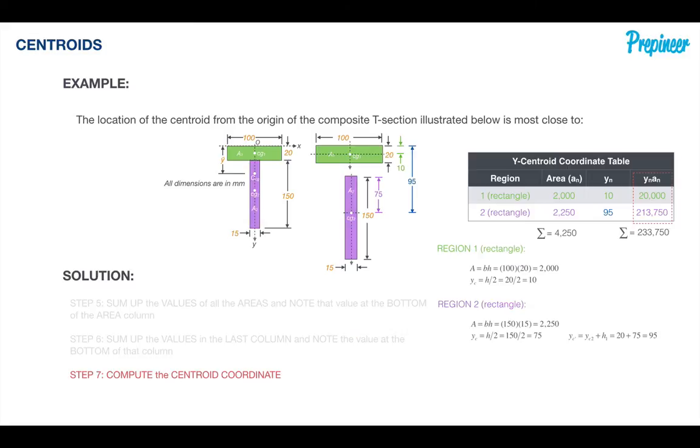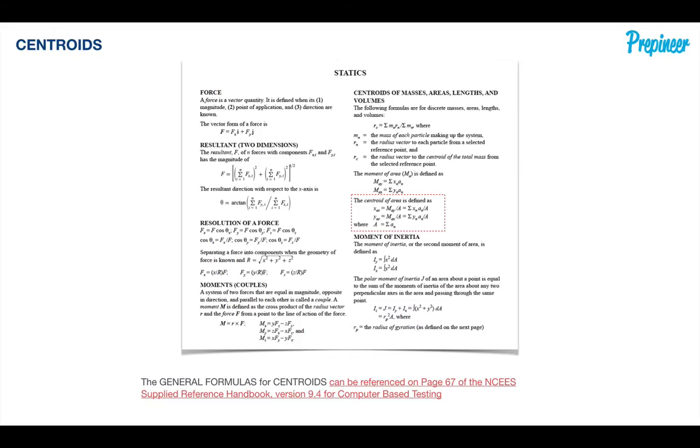And that brings us to our final step, where we now have all the proper data defined so that we can actually calculate what the y-coordinate of this centroid will be in this T section. So once again, I want to just constantly flip back to this page.